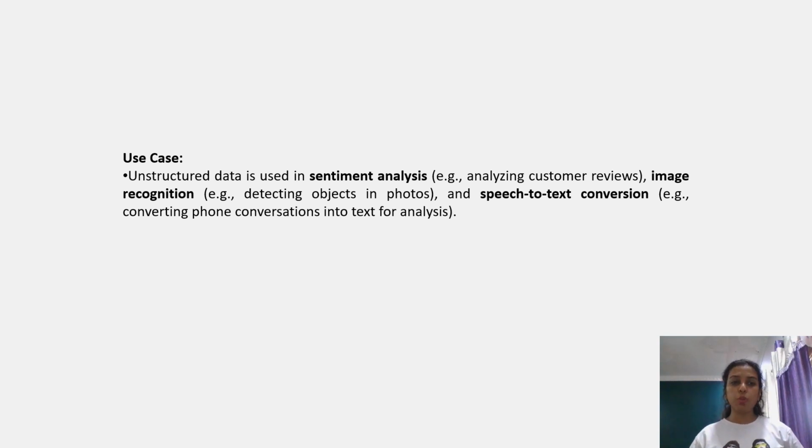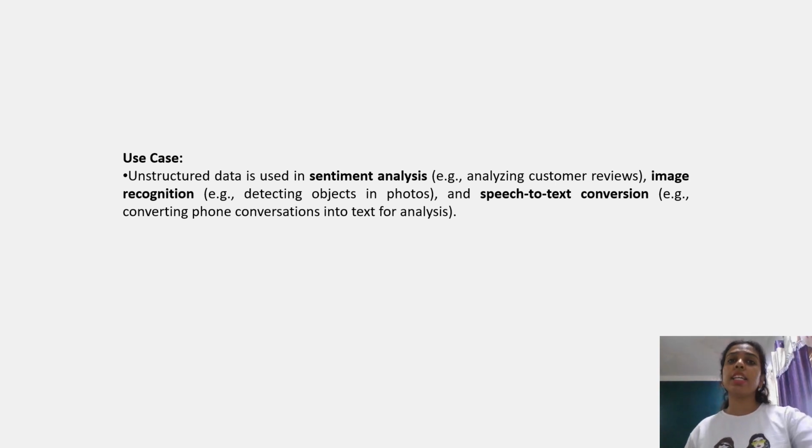Let's talk about a use case for the unstructured data. Unstructured data is used in sentiment analysis, for example, analyzing customer reviews, or image recognition, example, detecting objects in photos, and speech to text conversion, for example, converting phone conversations into text for analysis.